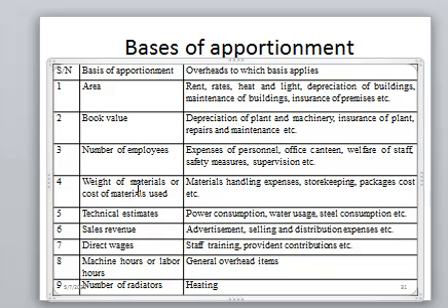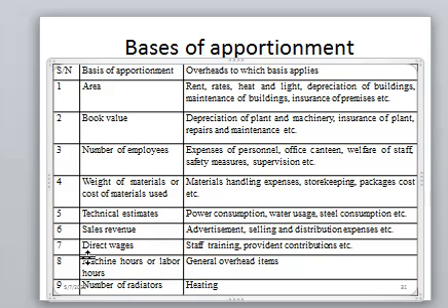You can use cost of material, or you can use weight of materials. We have technical estimates if for power consumption, water usage, they can be used. Sales revenue can be used in advertising, selling, and distribution expenses. Even in administration, you can as well use the revenues.